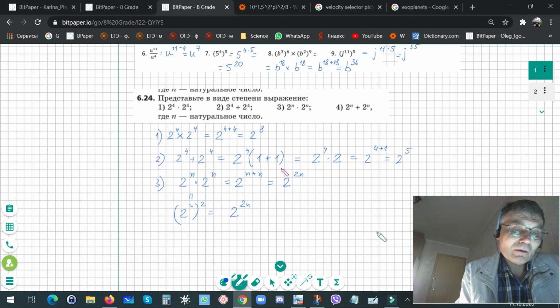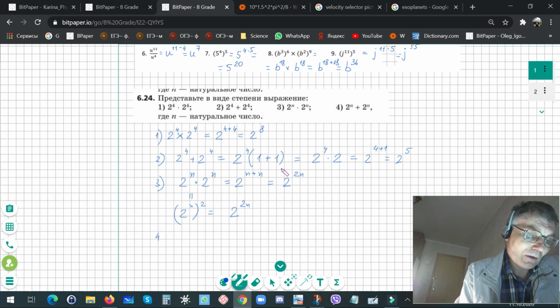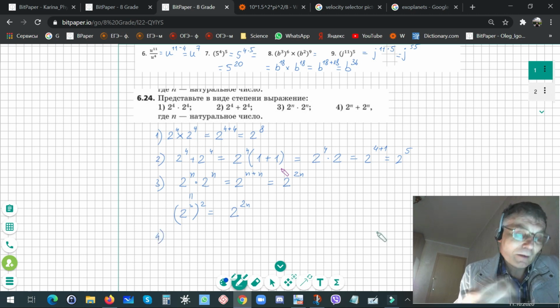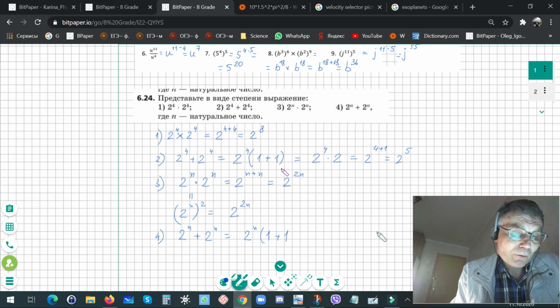And the last one is, again, like number 2, but in letters now. 2 to the power of n plus 2 to the power of n. I'll proceed exactly as I did in number 2. I just factor 2 to the power of n, and 1 comes from the first term, 1 comes from the second term. I perform this operation 1 plus 1.